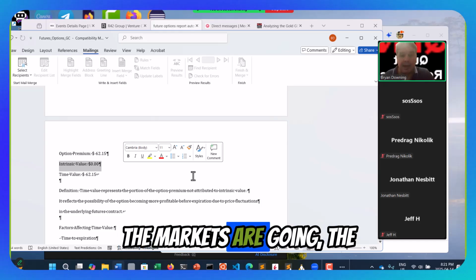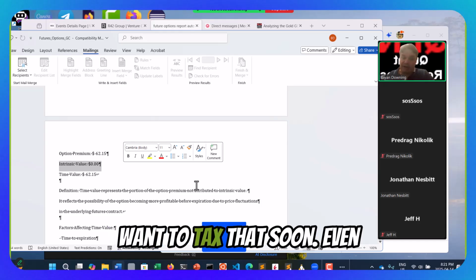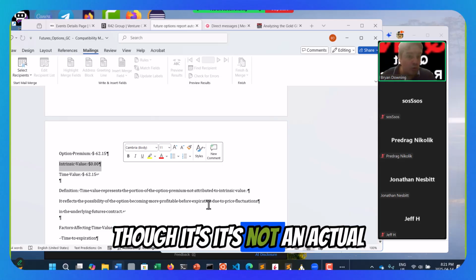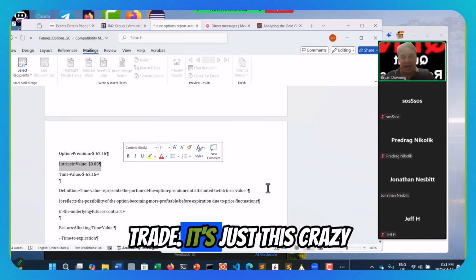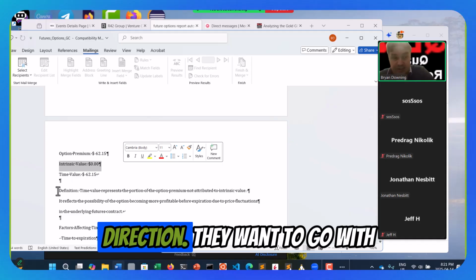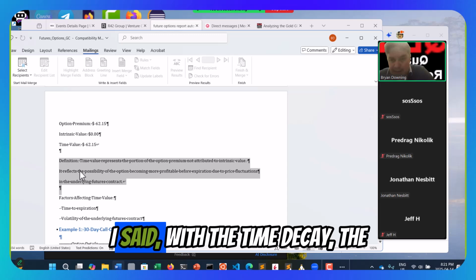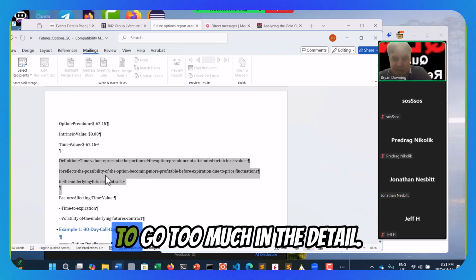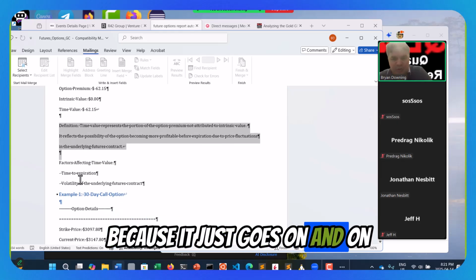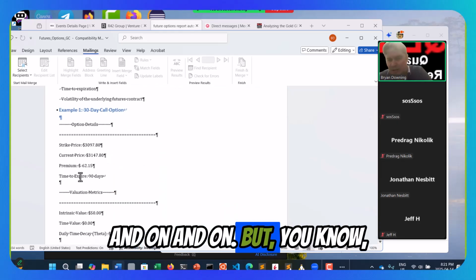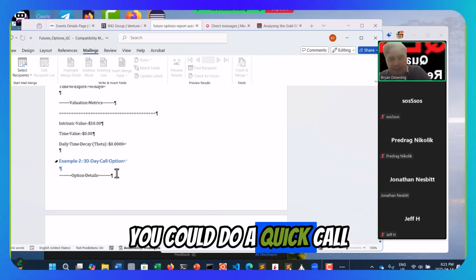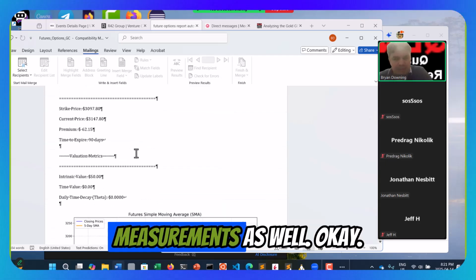And with the way the markets are going, or the governments are going, they want to tax that soon, even though it's not an actual trade. It's just as crazy the direction they want to go. And again, as I said, with the time decay, the time value. Again, I don't want to go too much into the detail because it just goes on and on and on. But you could do a put call option, 30-day different measurements as well.